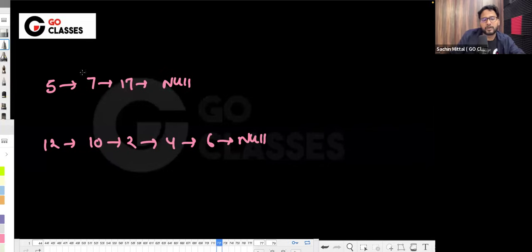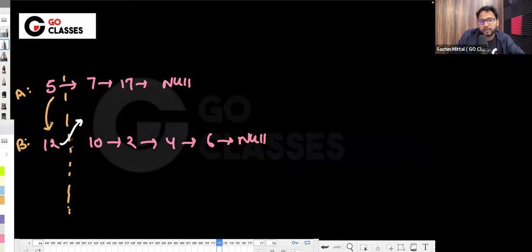So as a recursion, what will happen? 5 will first start pointing to 12, and then there is a recursive call. Now this 12 is actually waiting, and the recursion will stabilize this link. 12 is waiting to point.